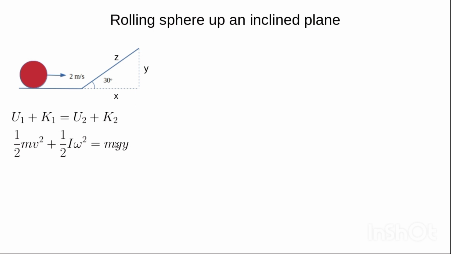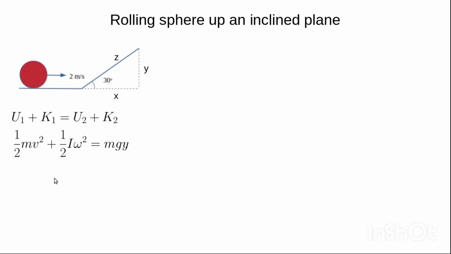As long as this sphere does not slip, this is the kinetic energy of a rolling sphere. If it slips, then the rotational part will go to 0. If it rotates without slipping, without moving in this direction, then this one will stay and this one will go to 0. So now that we have established this formula, let's simplify.